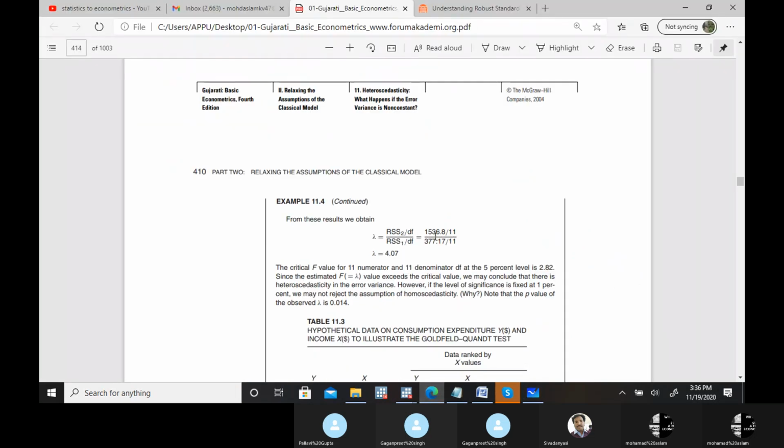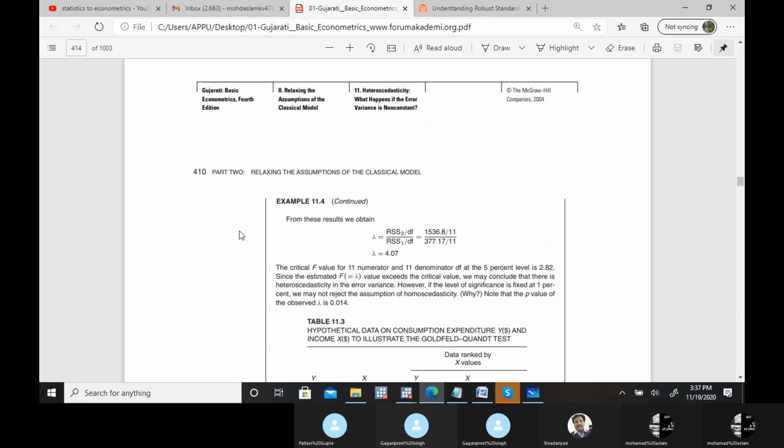Similarly they did, and this is the ratio 4.0 and its critical value is 2.82. It's greater than the critical value, so we have to reject the null hypothesis which says that these residual sums of squares are equal. So we reject it and accept the alternate hypothesis, which means these residual sums of squares are not equal. That means there is heteroscedasticity. In this manner, you have to apply the heteroscedasticity test.